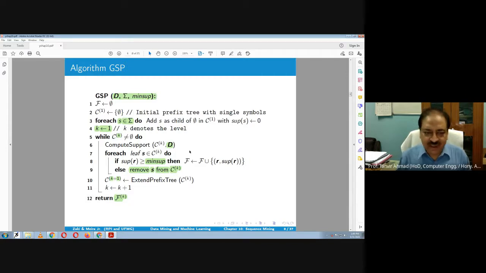Therefore, you can apply it to many different fields. For example, I can try to find the usage pattern of your ATM card. If I know that in the initial month you withdraw, say, 2,000 rupees, after that you withdraw 500 rupees, there may be some pattern over there.